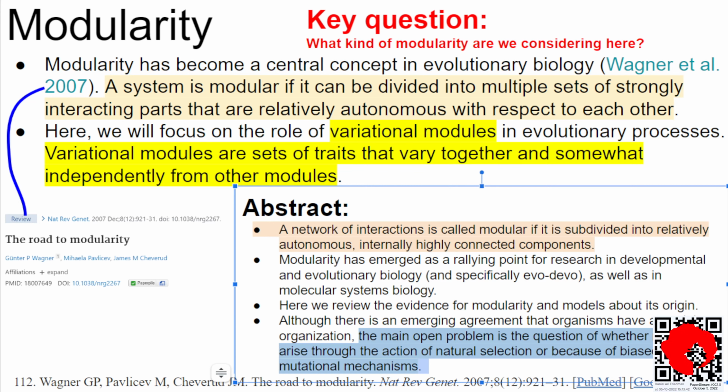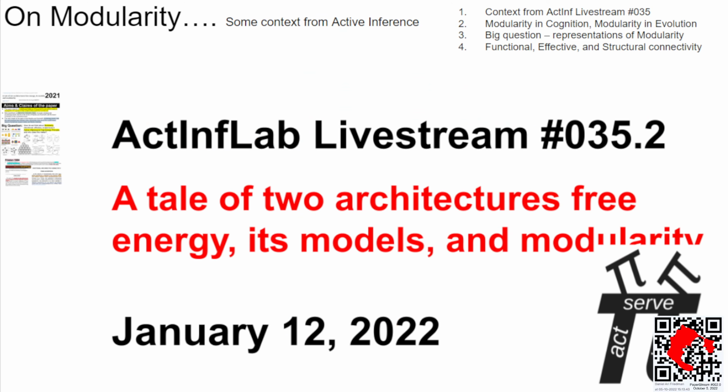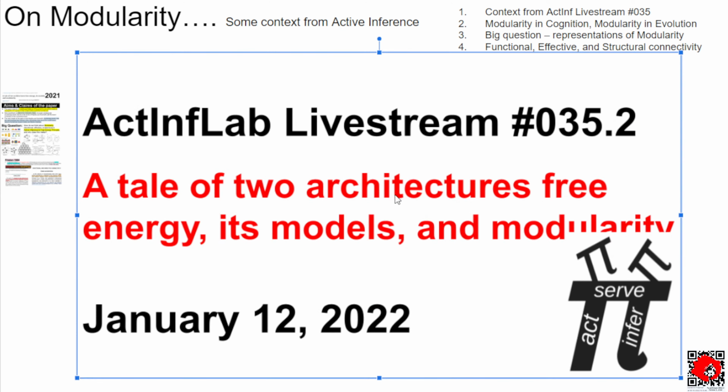Before we jump into the biology, it is convenient that in some recent discussions with Active Inference livestream, a few useful senses and slides around modularity have arisen due to a discussion on the paper A Tale of Two Architectures: Free Energy, Its Models, and Modularity.